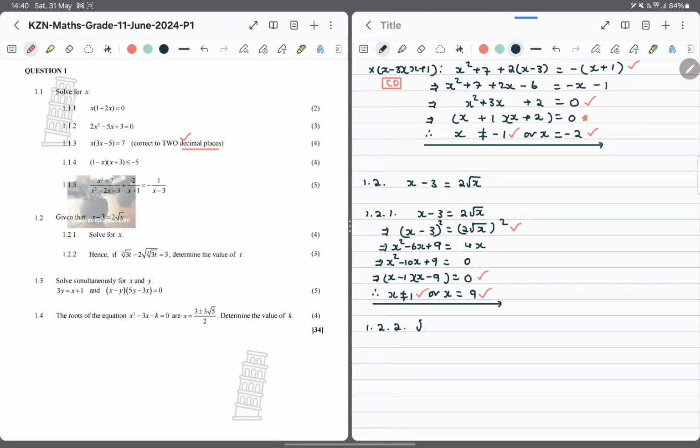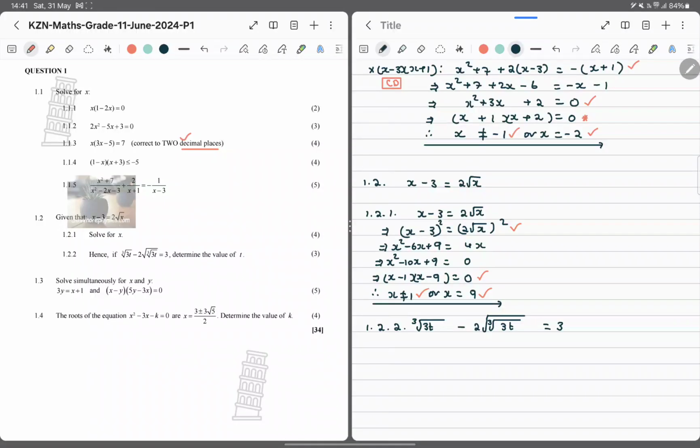We've got the cube root of 3t minus 2 times the square root of the cube root of 3t equals 3.